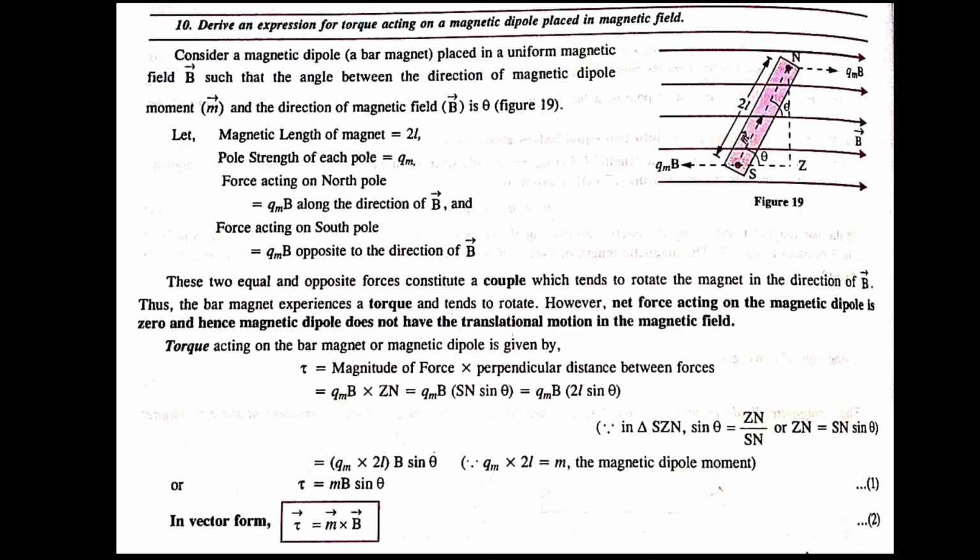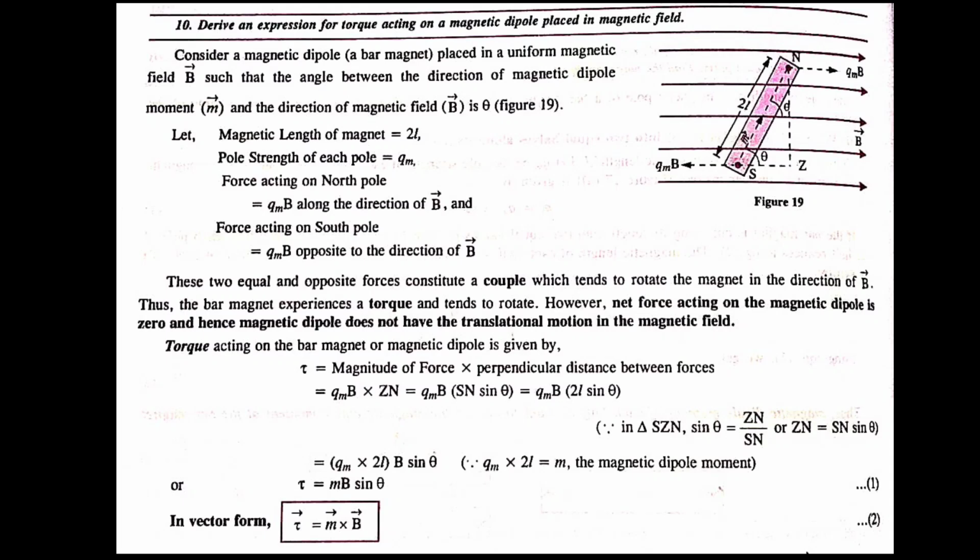Consider a bar magnet or a magnetic dipole in a uniform magnetic field, and the angle between the direction of the magnetic dipole moment and the magnetic field is taken as theta, as shown in the figure. Let the magnetic length of the magnet be 2l and the pole strength be qm, and consider the force acting on both the poles when placed in the magnetic field.